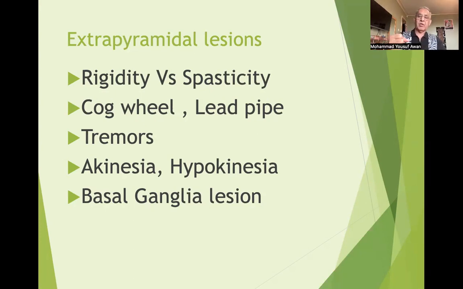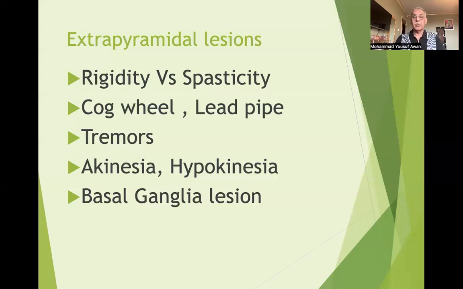You must have seen the patient walking with the arm held like this and circumducting the leg. So it is flexion in the upper limb and hyperextension in the lower limb on the opposite side of the body. This is spasticity, and spasticity is a sign of upper motor neuron lesion or pyramidal tract lesion.